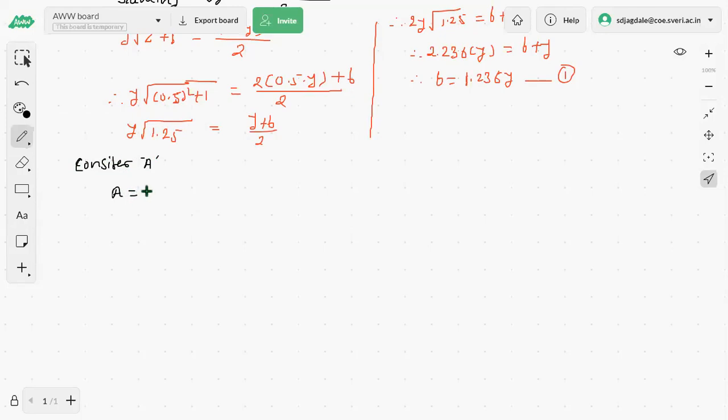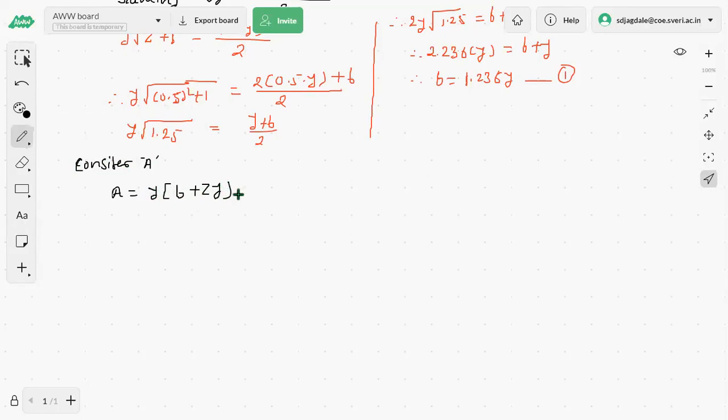A is equal to Y into B plus ZY. B plus ZY, into Y. Once again, B plus ZY into Y.